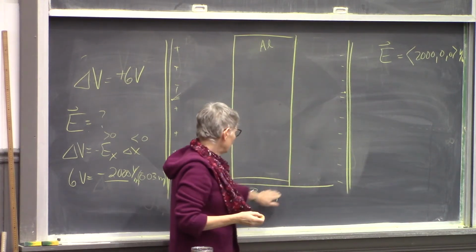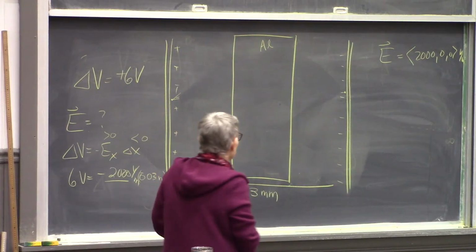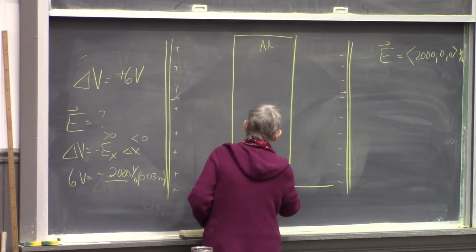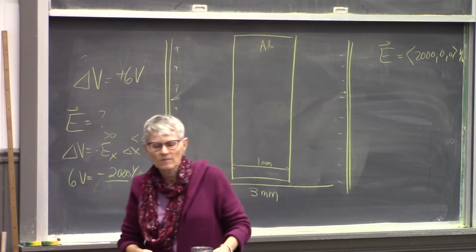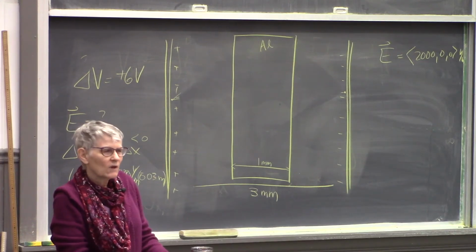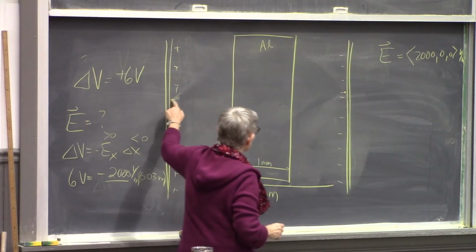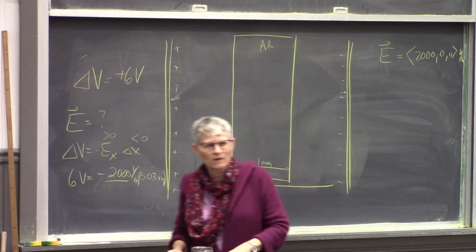It's neutral, and it's 1 millimeter wide, and it's big. So now what's the potential difference from here to there, or the other way around, the same way we did it before?